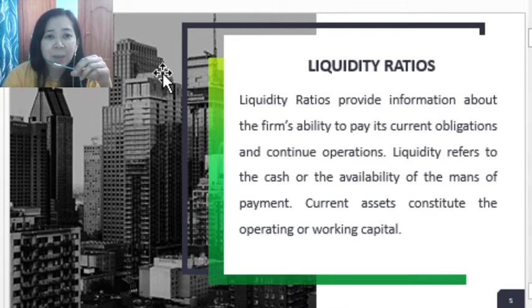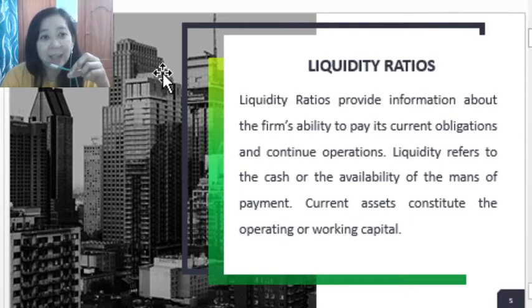When we say current obligations or current liabilities, these are liabilities that are due within 12 months after the balance sheet date, or the normal operating cycle of the entity. That's the idea for selecting the data to be taken from the financial statements when using the liquidity ratios.